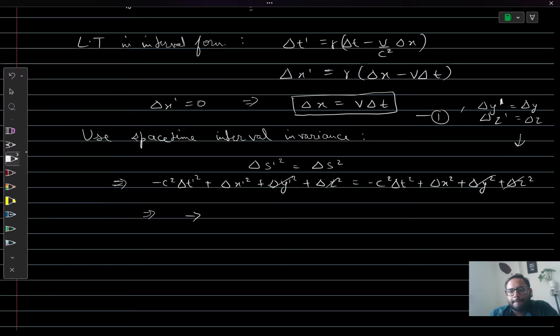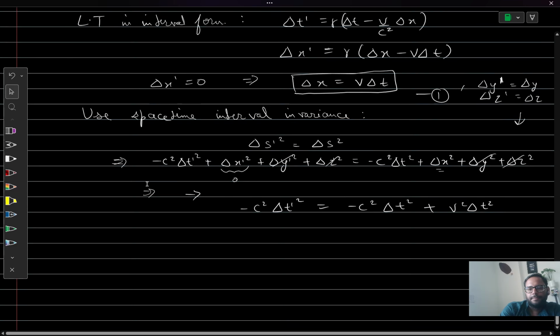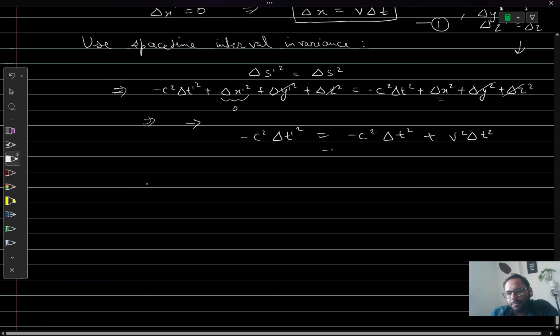And use this equation first. This will be 0, right? So yes, use this equation here. So minus del t prime squared would be equal to this del t squared plus v squared del t squared, right? You can just take it out common and see.